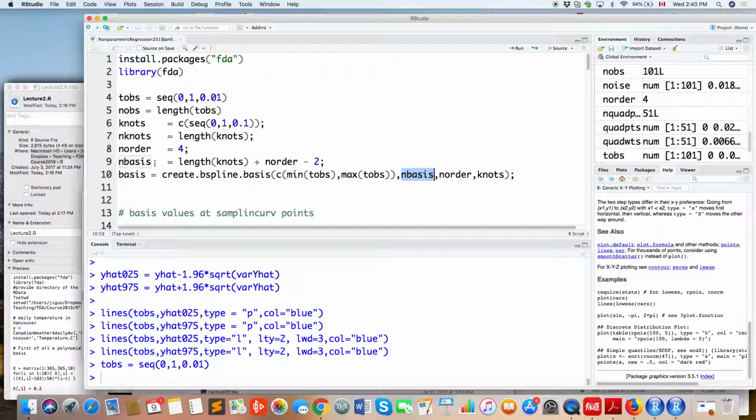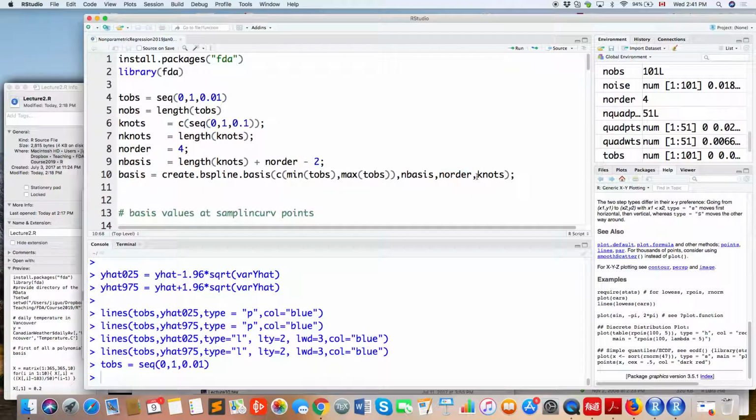The number of basis functions is equal to the number of interior nodes plus the order, or you can use the number of all the nodes, including the boundary, plus the order minus 2. Basically you can use this formula. Then you need to specify the order of the B-splines. Here I'm using cubic B-splines, so the order equals 4.